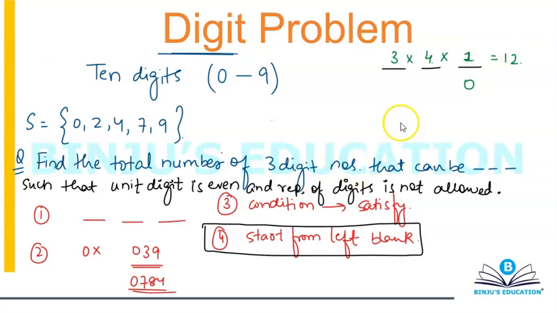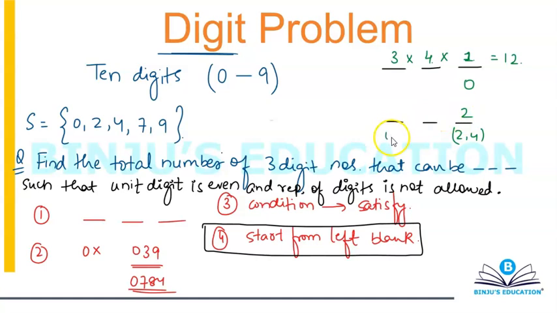Second possibility, if 2 and 4 are at the last position, which means I have 2 possibilities. Now in this case, I won't go from right to left because I'll end up committing a mistake. So I'll start from left again.